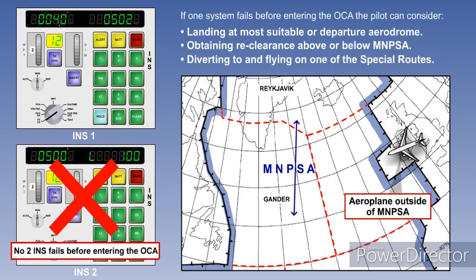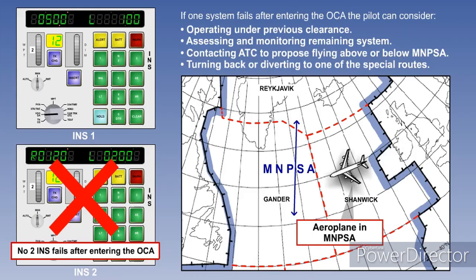If one navigation system fails before the aeroplane reaches the OCA boundary, the pilot can consider landing at a suitable aerodrome or returning to the departure aerodrome. The pilot could also consider obtaining a reclearance above or below MNPS airspace, or to divert to use one of the special routes.